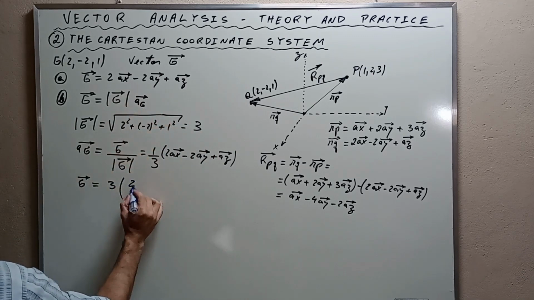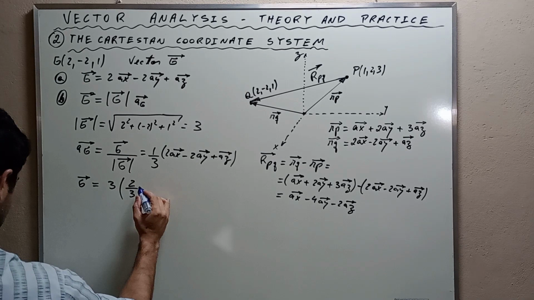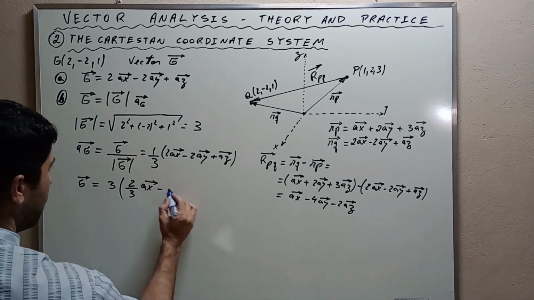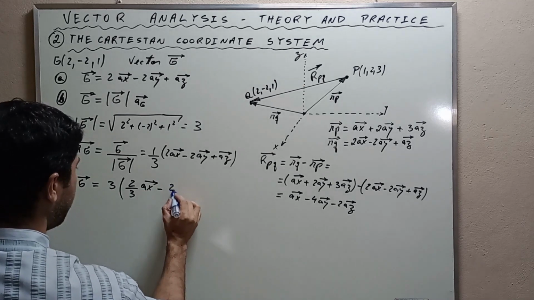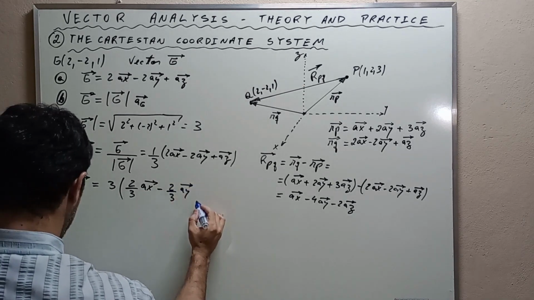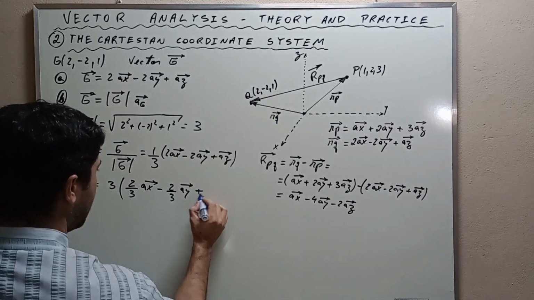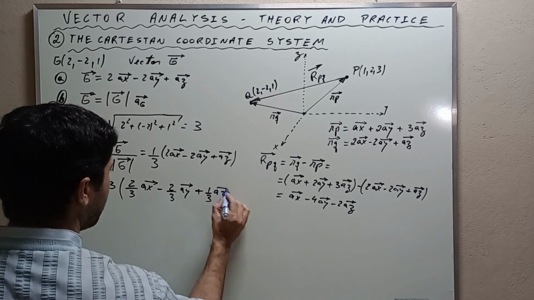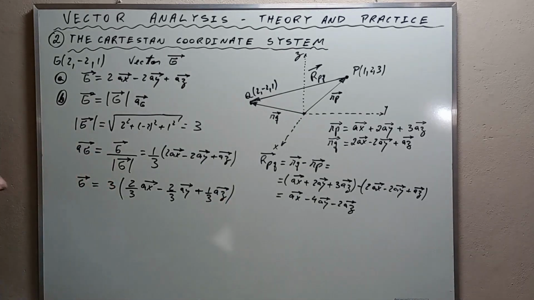2/3 of ax minus 2/3 in the y direction plus 1/3 in the z direction. Okay? This is an alternative way of expressing the vector.